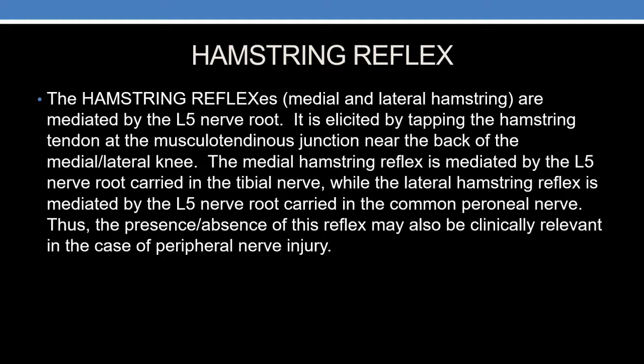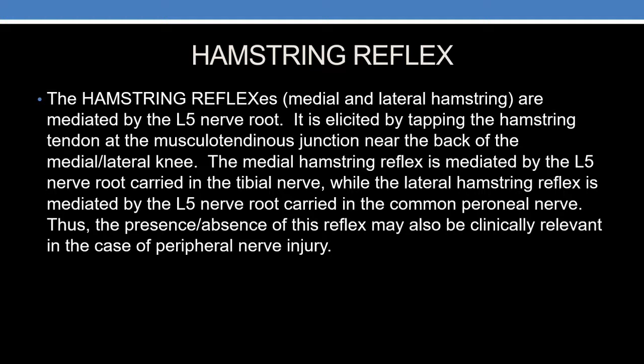However, in the event of a peripheral nerve injury, and sciatic nerve injuries more commonly, 6-to-1 that is, involve the common peroneal division of the nerve versus the tibial division of the nerve. So in the case of a peripheral nerve, this distinction in the reflex may become significant.